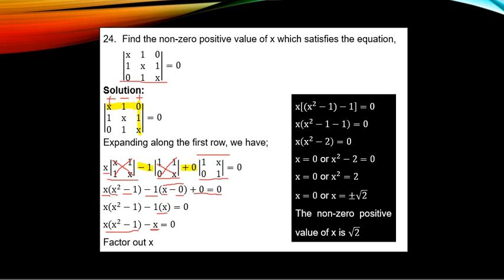Here, I didn't bother to expand because when you expand s squared minus 1 by s, you have s cubed. So you are having a higher degree, and of course, to solve that, it will be stressful. So once I'm seeing s squared and there's a term outside, I will leave it to see if I can factor out a common term later.